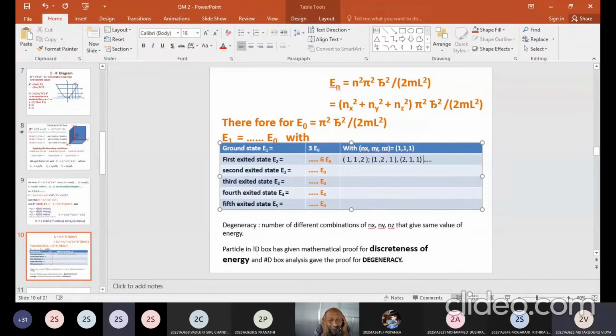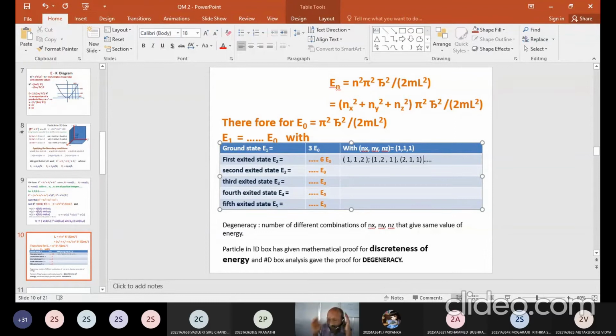No, it is not degenerate. It is a non-degenerate energy, right? So how is the energy now? 3 E naught, 6 E naught, 9 E naught, 12 E naught, and so on. So this is how you have discrete energy levels along with degeneracy.